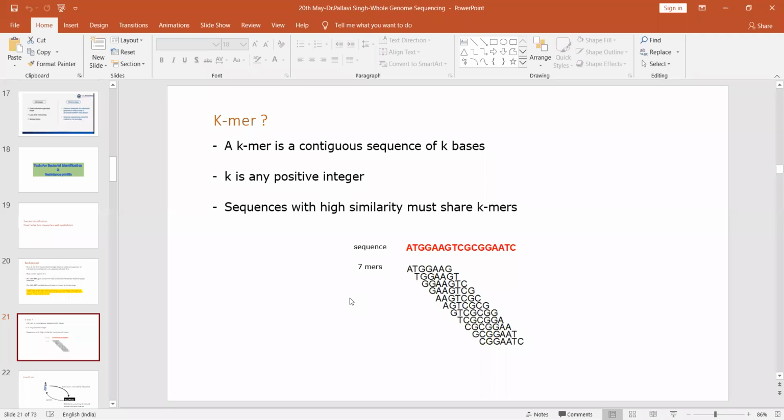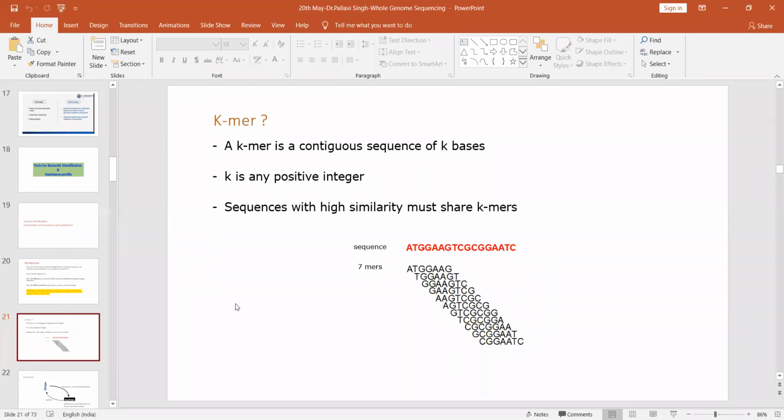Suppose I have a genome of 500 base pair size. I break it into segments having a size of 7. So 7, 7, 7, 7. 500 divided by 7, you will get that number of contigs formed from that 500 base pair sequence. So k is any positive integer representing the number of continuous bases in a fragment generated after the fragmentation of a large DNA.